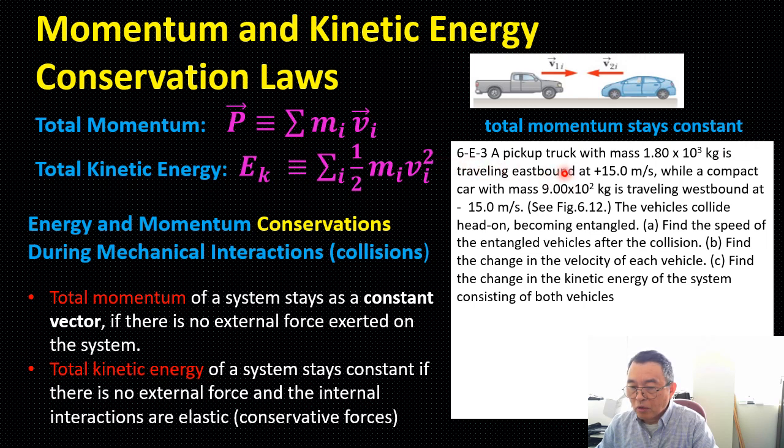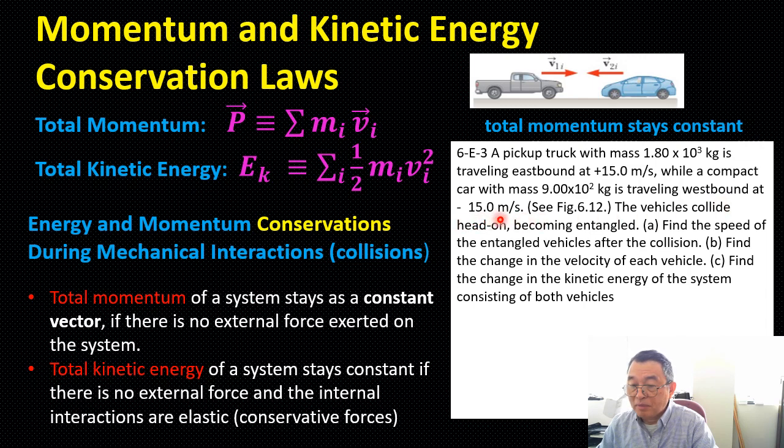A pickup truck with a mass of 1.8 times 10 to the 3 kg, about 2 tons, is traveling eastbound at plus 15 meters per second, which is the positive direction, while a compact car with 9 times 10 to the 2, which means 900 kilograms, very small, less than 1 ton, is traveling westbound at negative 15 meters per second.